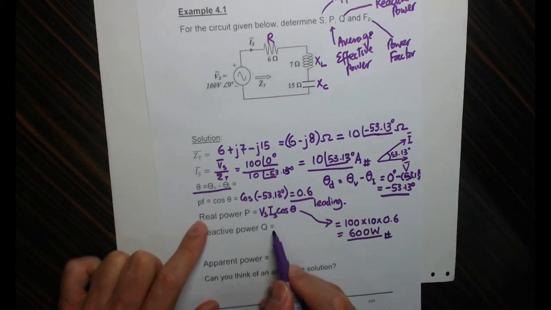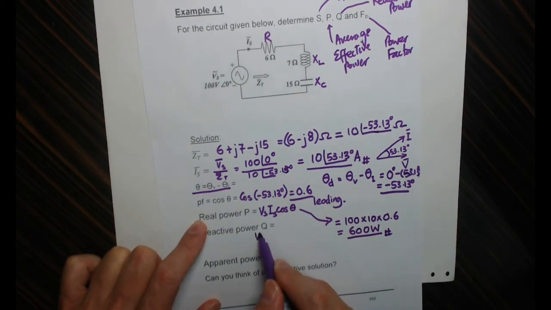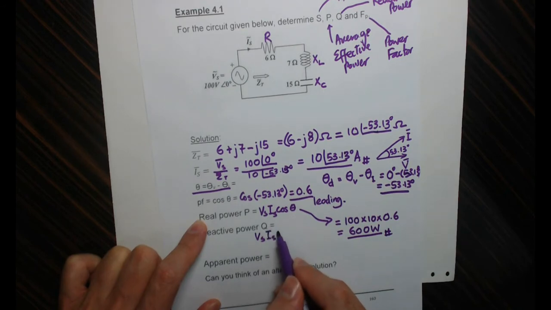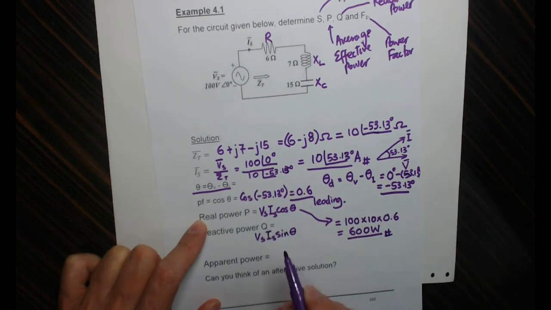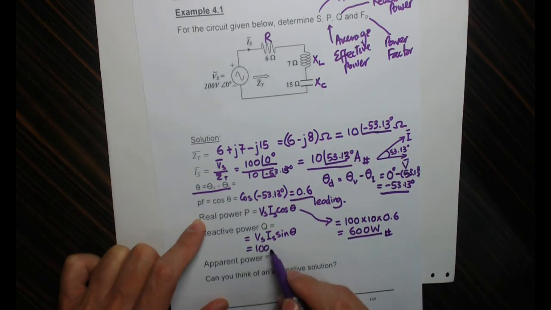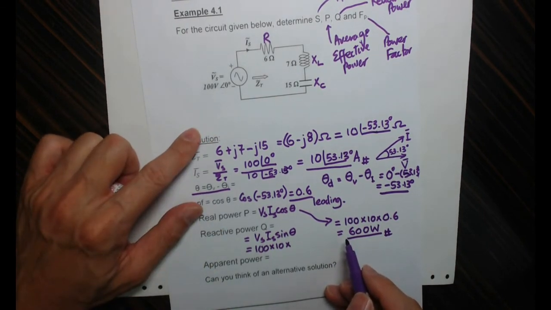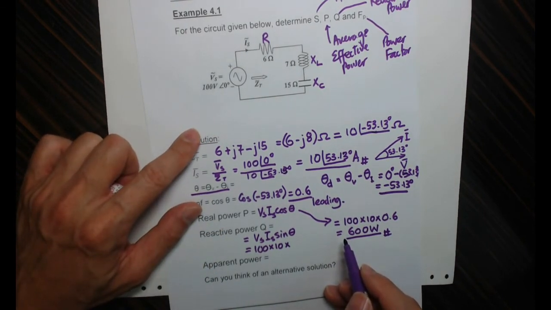Right, and finally the reactive power. We calculate reactive power as V I sine theta, and that's equal to 100 times 10 times sine of 53.13.